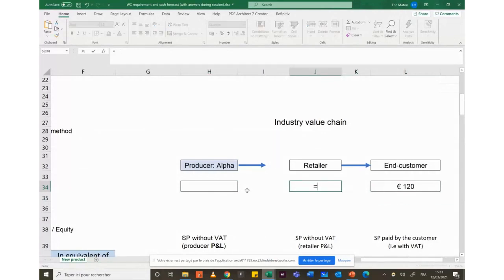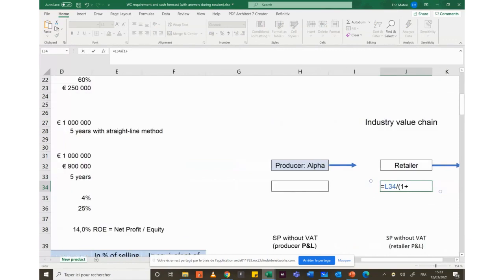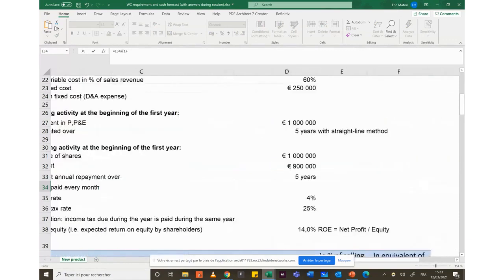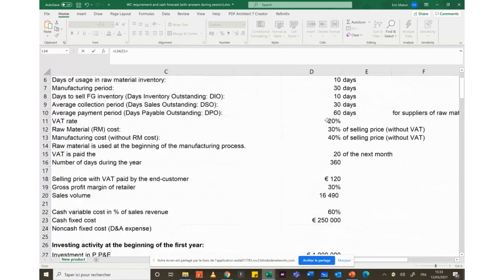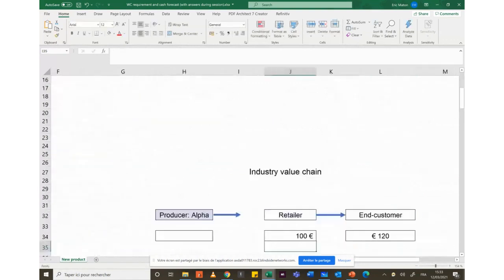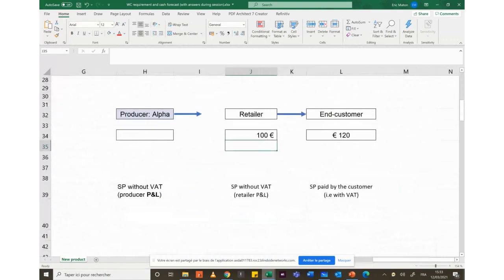So the selling price with VAT divided by 1 plus the VAT rate is equal to the selling price without VAT. So here we have the 20%. So this is the selling price for the retailer, which is included in the retailer P&L.